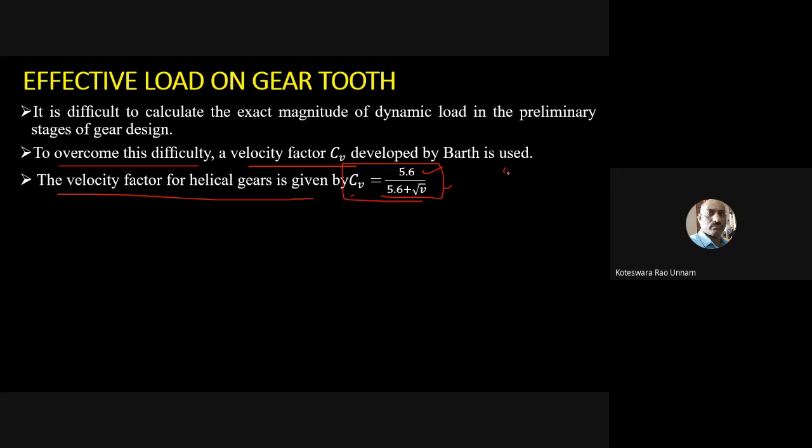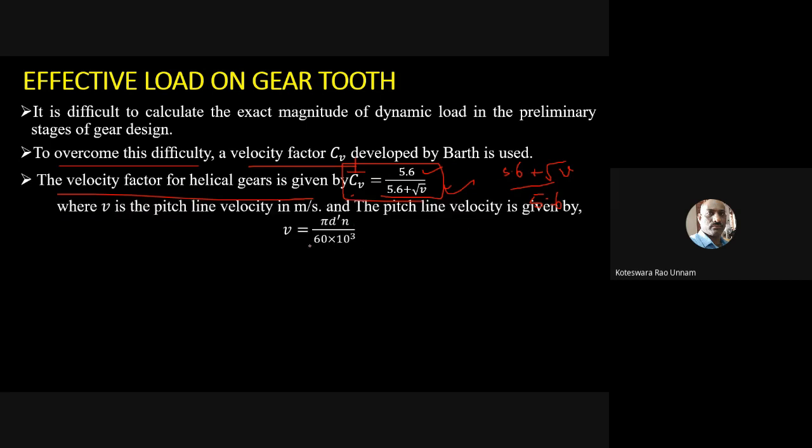Of course, in our data book it is given as (5.6 plus root V) divided by 5.6, so you can take it that way. In that case I'll take it as 1 by CV. So this is the velocity factor. If you multiply this velocity factor with CS into PT, you will get the equivalent load. In this case your V is nothing but pi d dash n by 60 into 10 cubed.